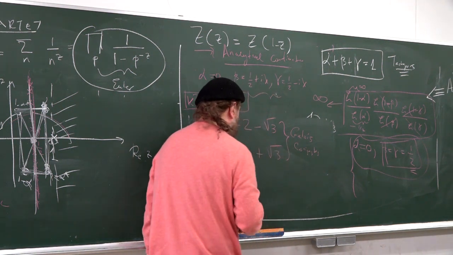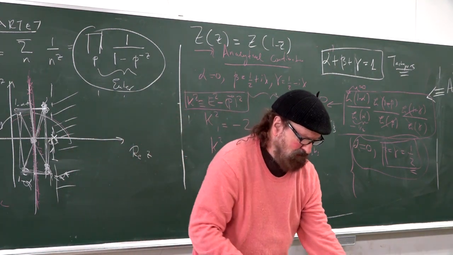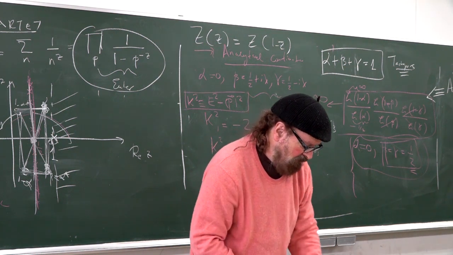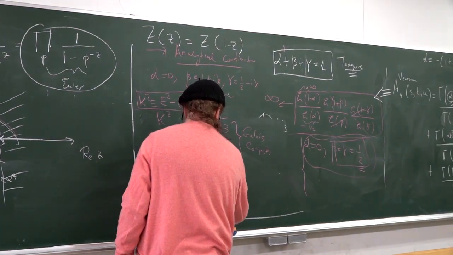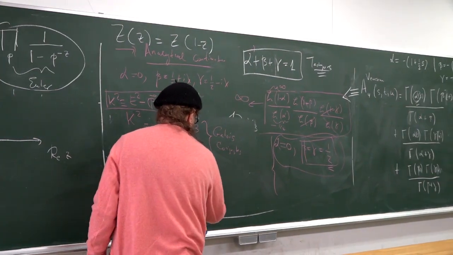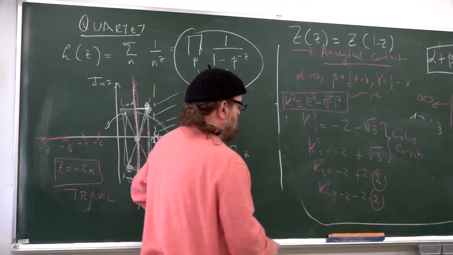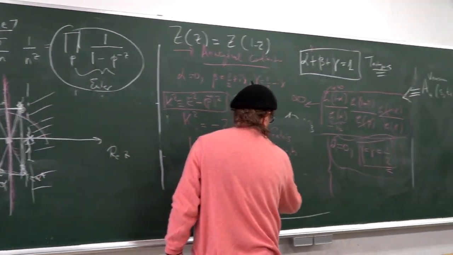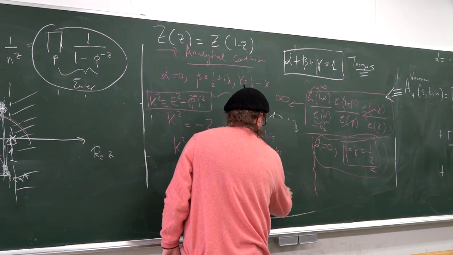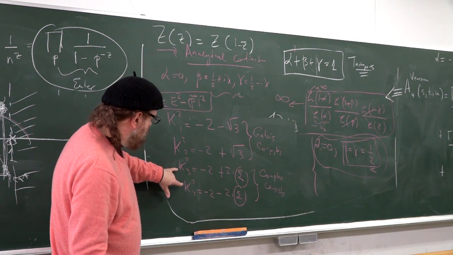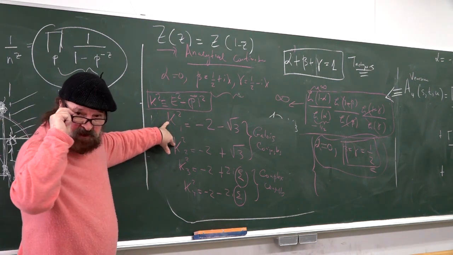And then you have a number here, and these values are related to the locations of the zeta zeros. So these are complex conjugates. What happens is that you obtain 4 values for your relativistic invariance. 2 of them are complex conjugates of each other, and 2 of them are Galois conjugates of each other.